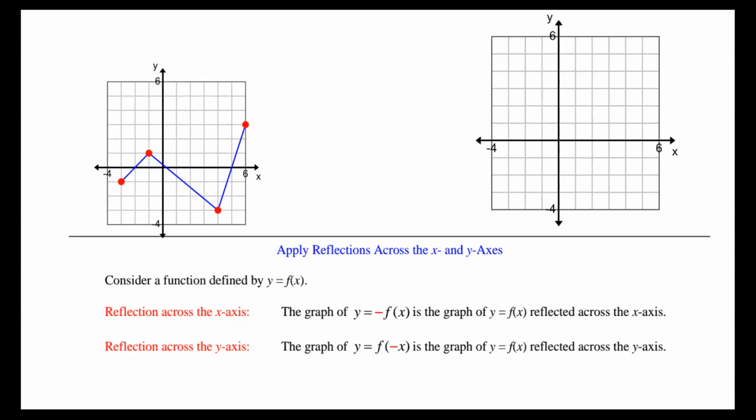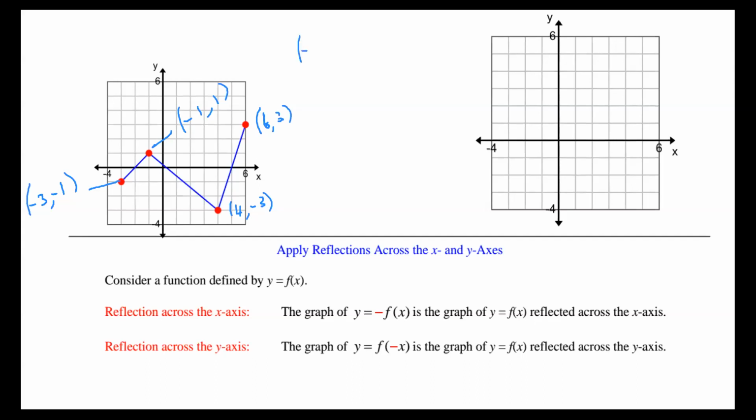So the points, this point is -3 comma -1, and this point is -1 comma 1, and then this is 6 comma 3, and this is 4 comma -3.